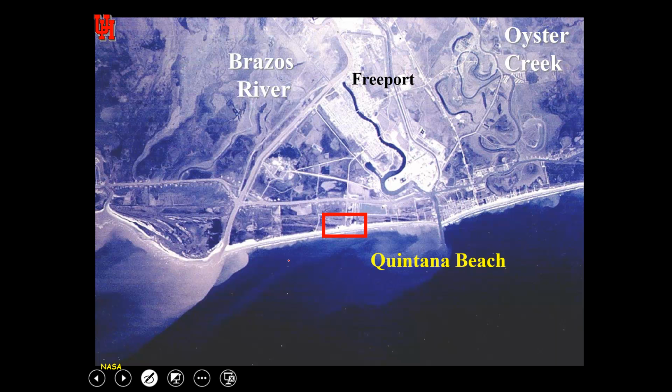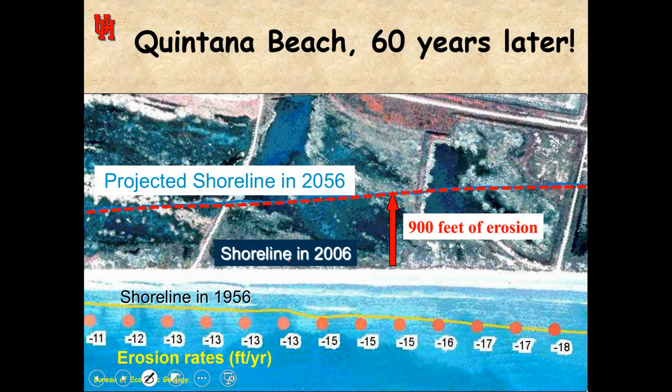Now let's go back to that Quintana Beach area where we first thought we'd build a condo because it's an area of net deposition. Well, now we know it's not, and in fact, we can predict that in a 50-year period, there will be about, it says 60 years here, I really meant 50, there'll be about 900 feet of erosion.